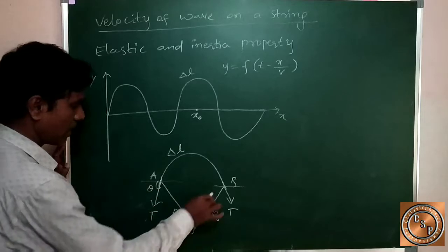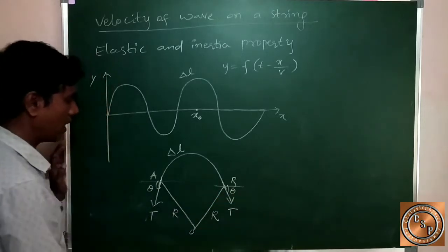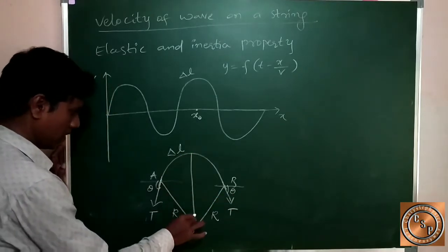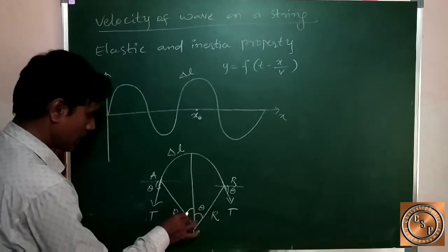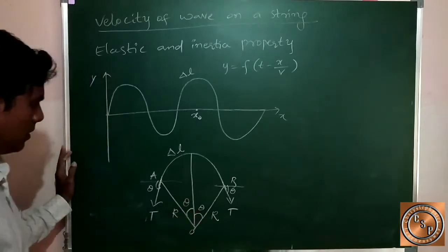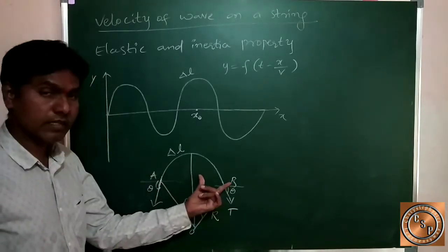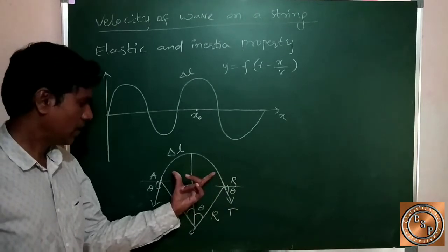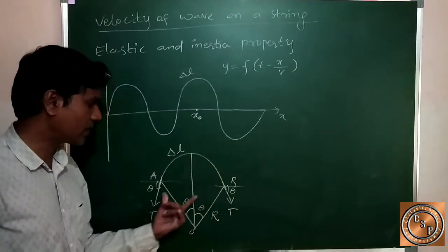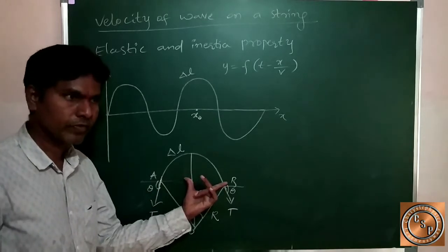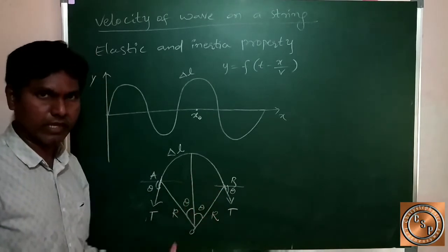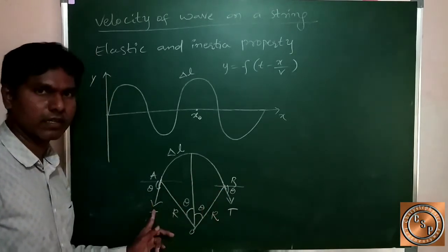It makes an angle of theta here, also angle theta here, and at the center, theta here, also theta. AB is one of the elements. It is pulled by the string at left and right side.